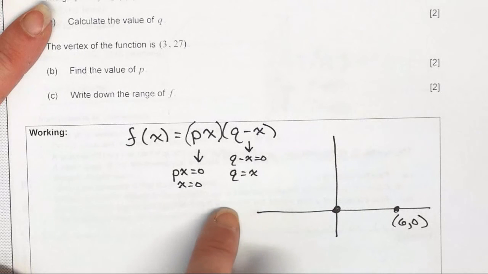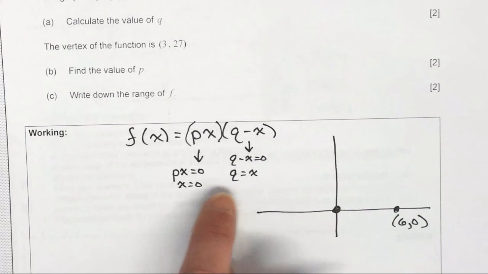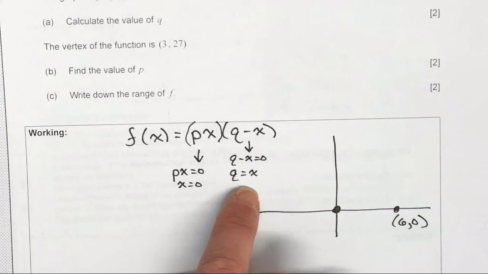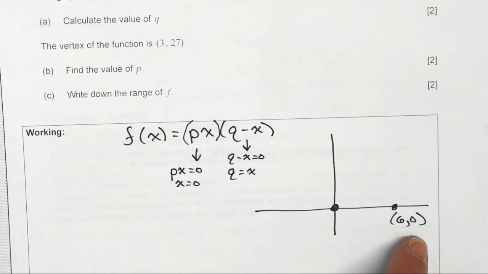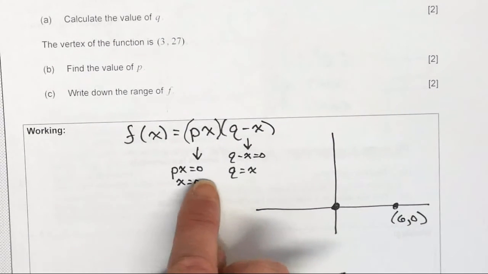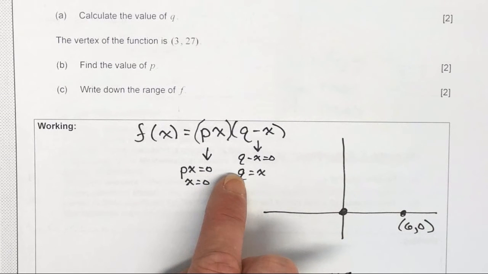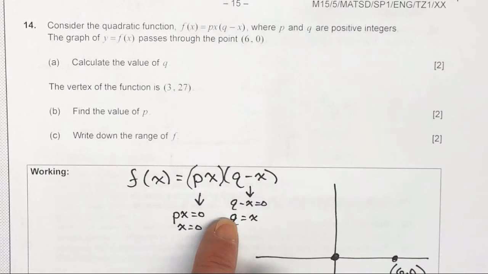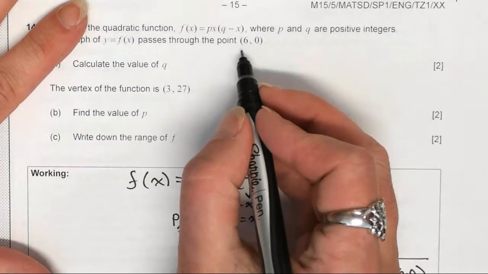So one of my x-intercepts is 0, and the other x-intercept is some number. They gave us that it went through the point (6, 0), so 6 has to be the other x-intercept. So 6 is q. They basically gave us the answer right there.